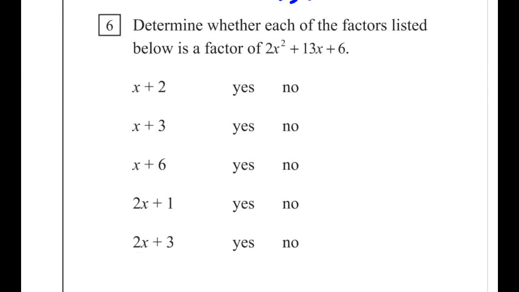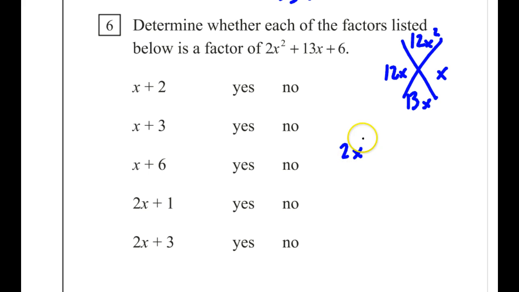And lastly, okay, very similar to number 4. Just go ahead and factor it and see which ones work. So what two numbers multiply to 12x squared but add to 13x? So 12x and 1x. So we have 2x squared plus x plus 12x plus 6.